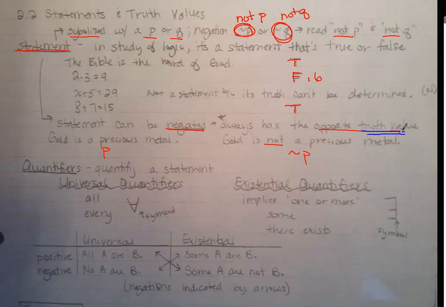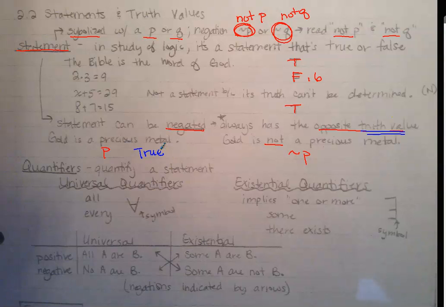So what's the truth value of the first one? Gold is a precious metal. Is it true or false, or neither? It's true. Gold is a precious metal. That's true.